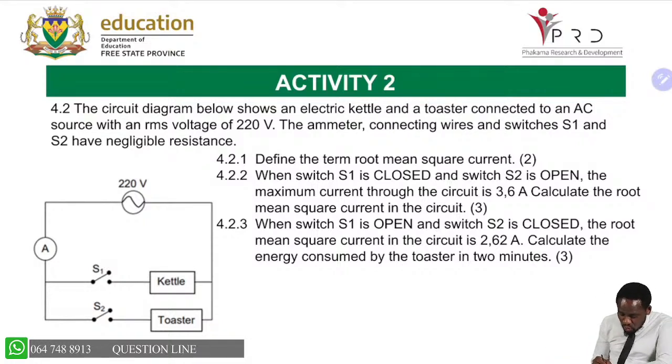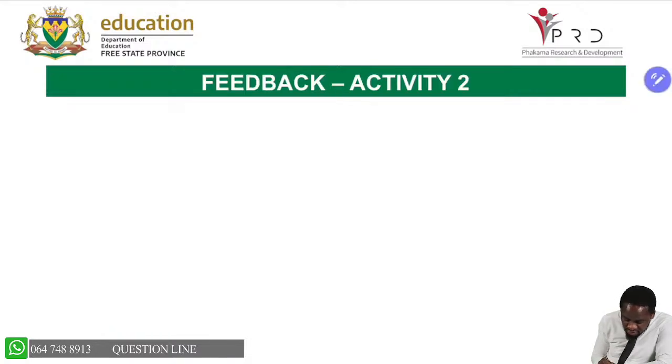So the 220 volts is the VRMS. We are saying VRMS is equal to 220 volts. It's given, so we are collecting the data there. The only resistors in the circuit are the kettle and the toaster.